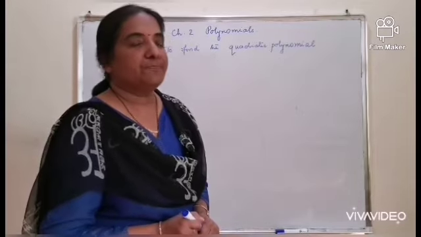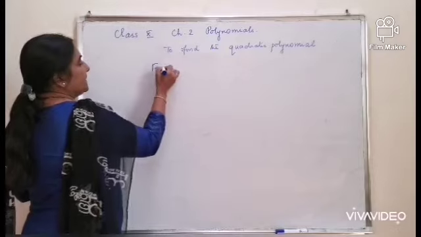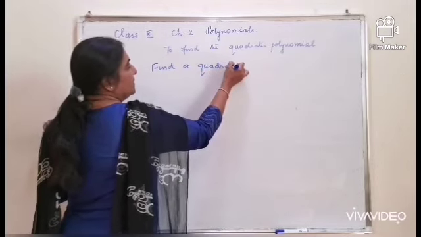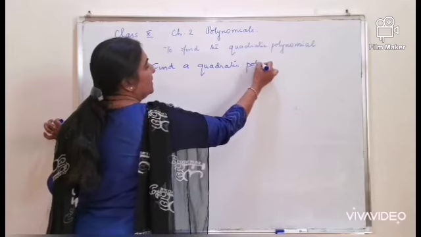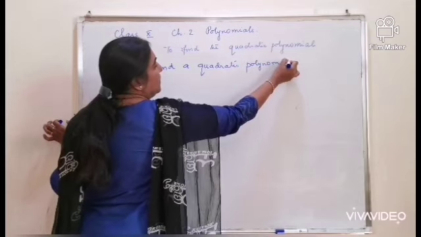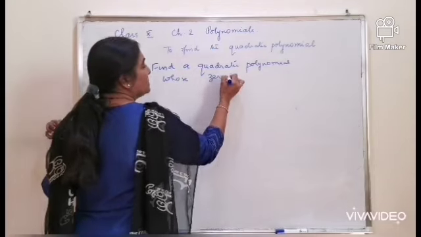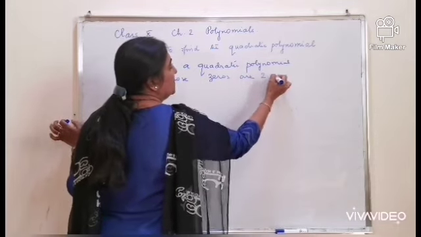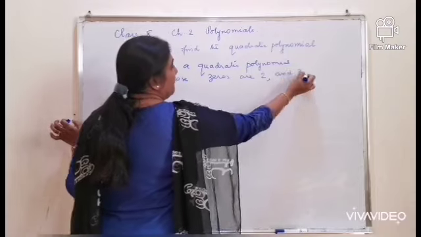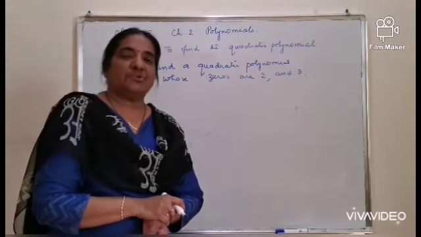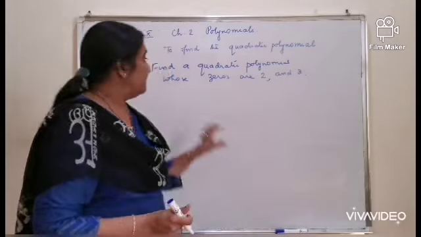Another pattern which is not mentioned in the textbook: when I am working out these questions, you can copy them in your notebooks. Find a quadratic polynomial whose zeros are 2 and 3. When I give this question, please make sure to read the question carefully.